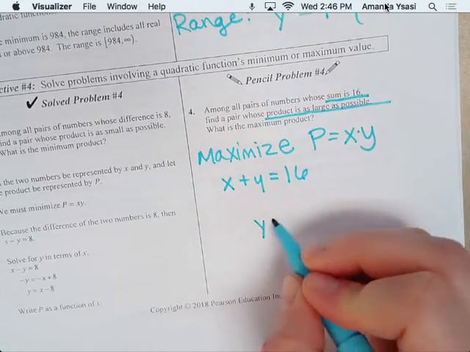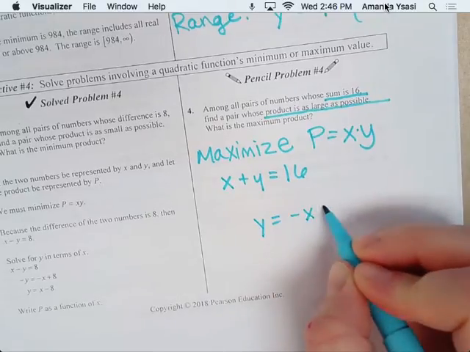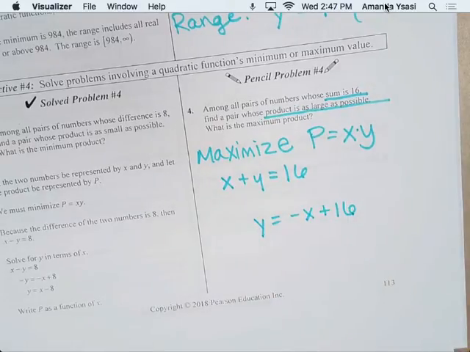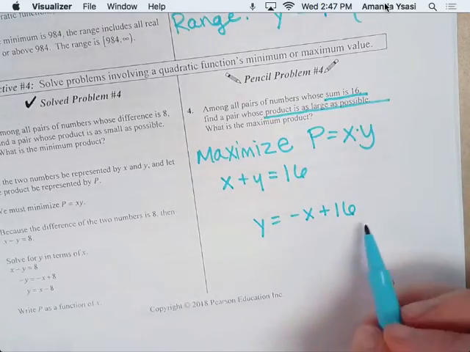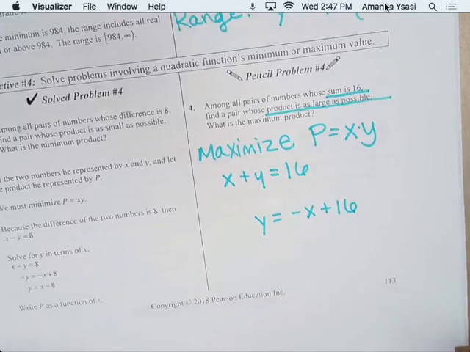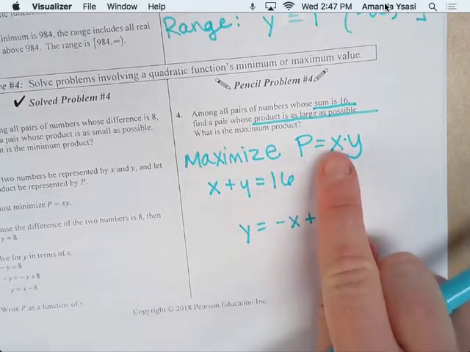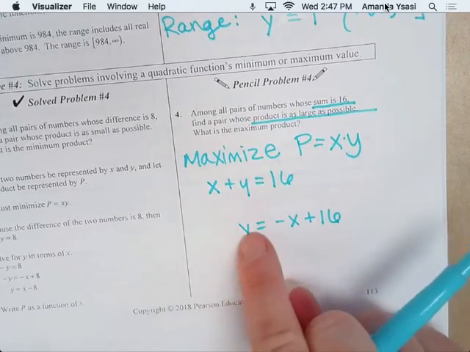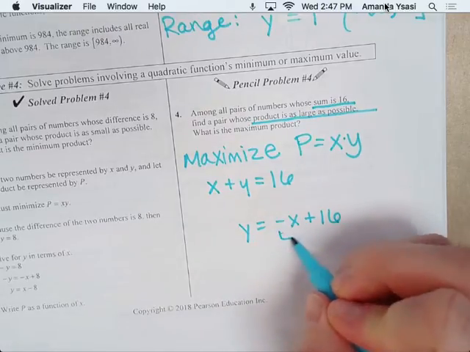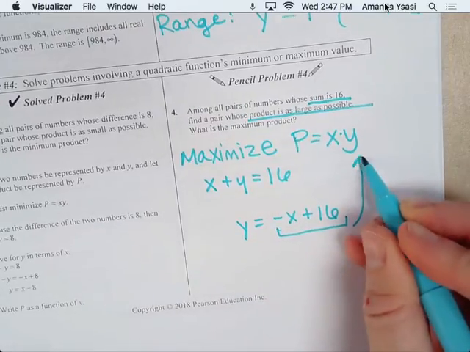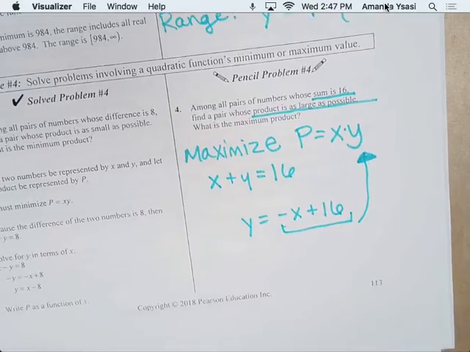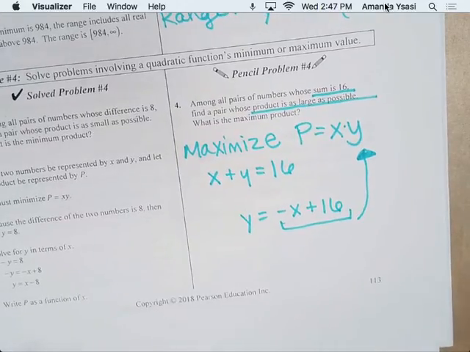So it's going to be y equals negative x plus 16. And then we are going to do some substitution. We're going to use x as x, but we're going to input this for y right here.